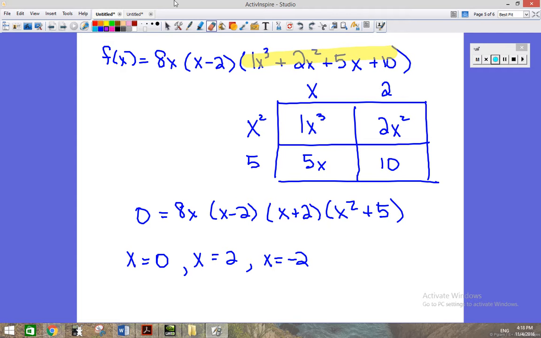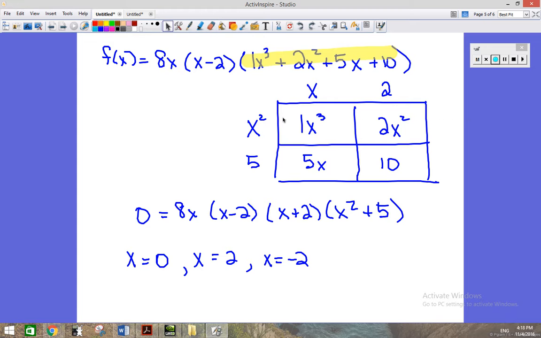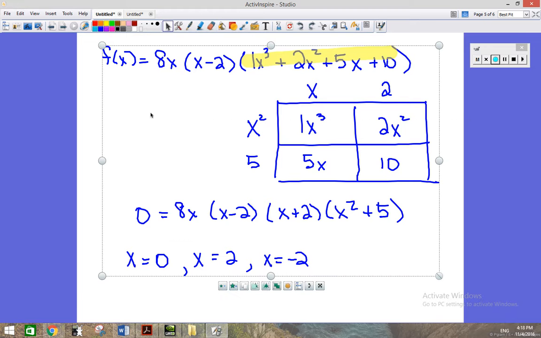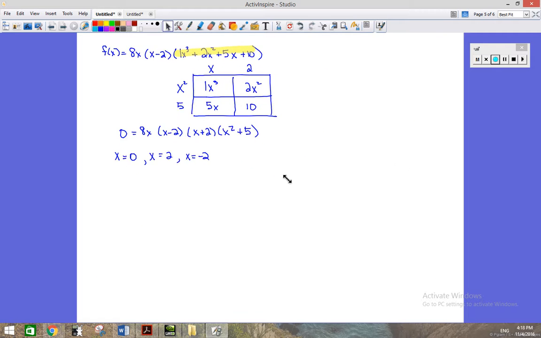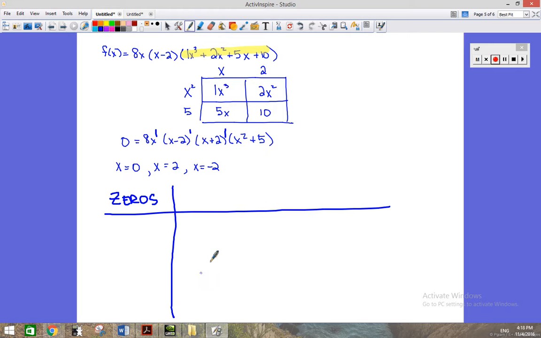So when it comes to this one, was also wanting us to indicate if the graph touches or turns. Well, x squared plus 5 doesn't contribute towards crossing the x-axis at all.